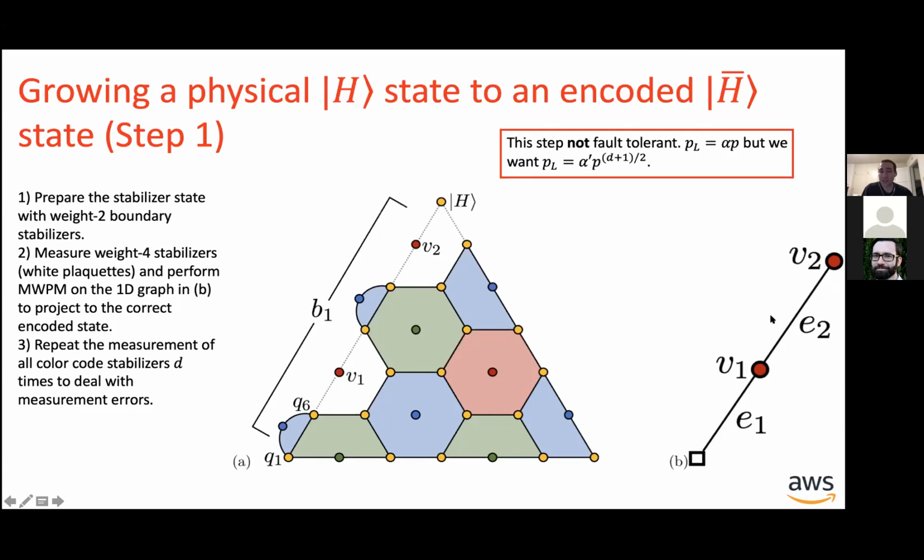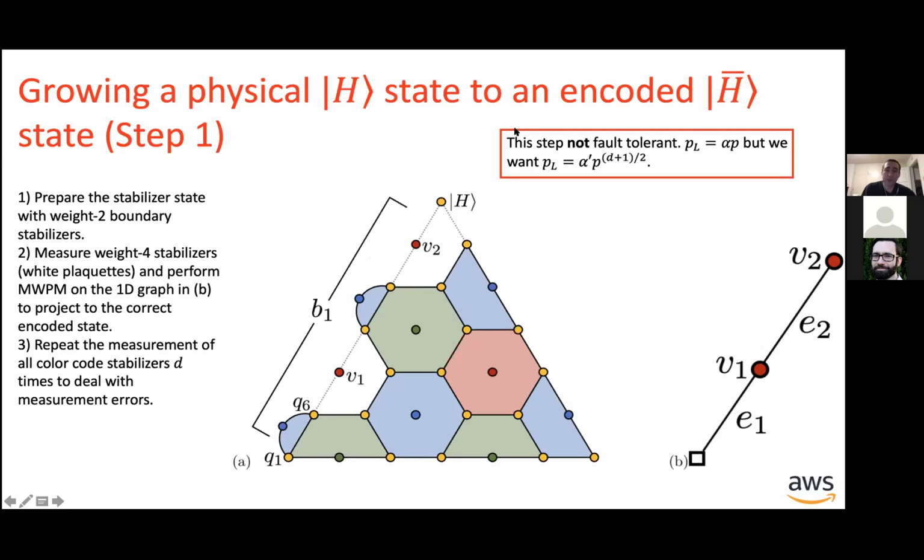And if an edge is selected, you do ZZ corrections on the qubits that correspond to this edge. So for example, the edge E2 here corresponds to the 2 qubits that you have here. Let's say that these 2 vertices were highlighted, you would choose the edge E2 and do those corrections. Now, of course, there can be measurement errors. There could be gate failures.